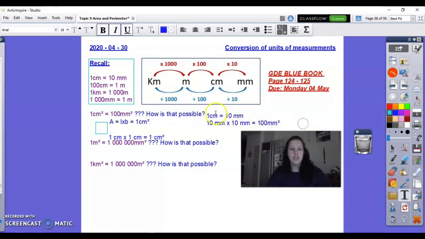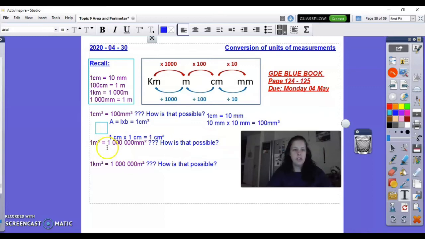So I have just proven to you that 1 centimeter squared is equal to 100 millimeters squared. So for each of these, you need to break it up, just as I have broken it up here for you. So let's break them up. Let's do it quickly.